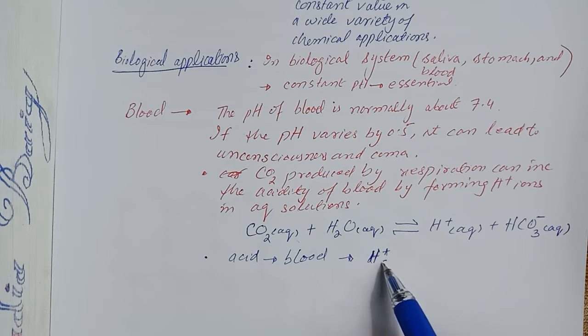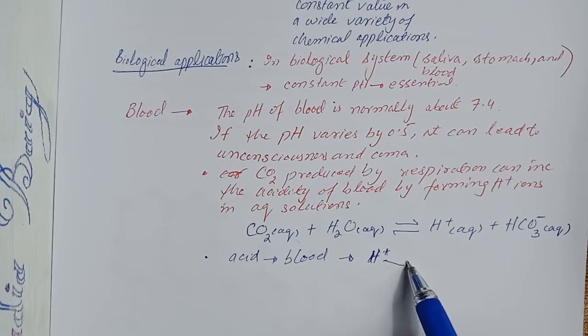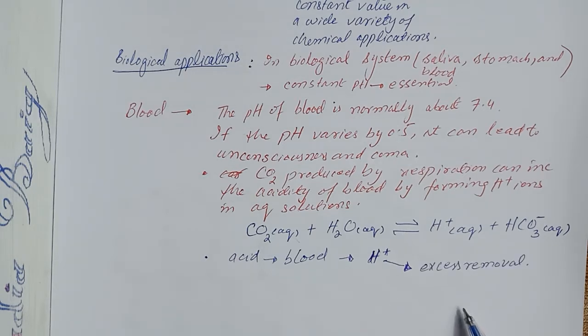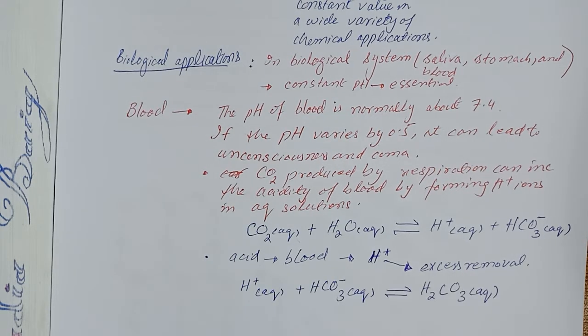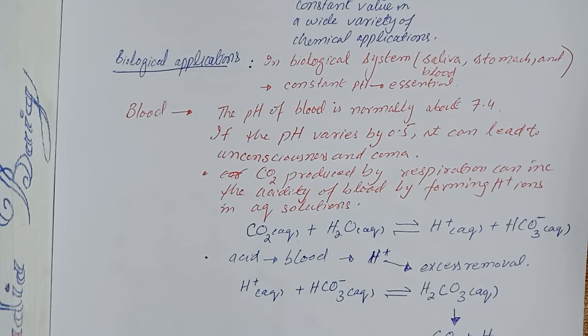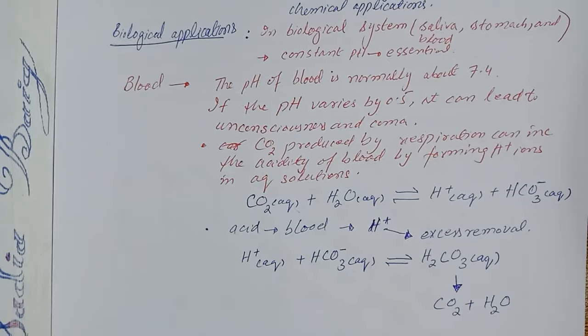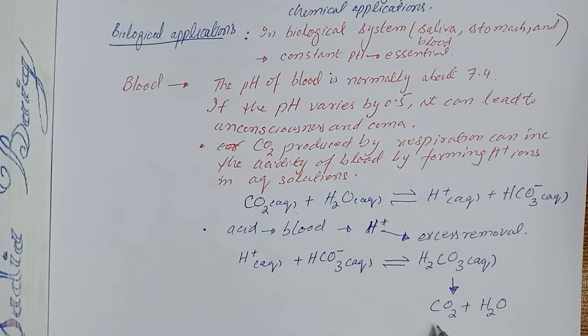These excess protons are removed by the bicarbonate ion in a reaction to produce carbonic acid, and this carbonic acid is dissociated into carbon dioxide and water, that is removed using the blood circulatory system.